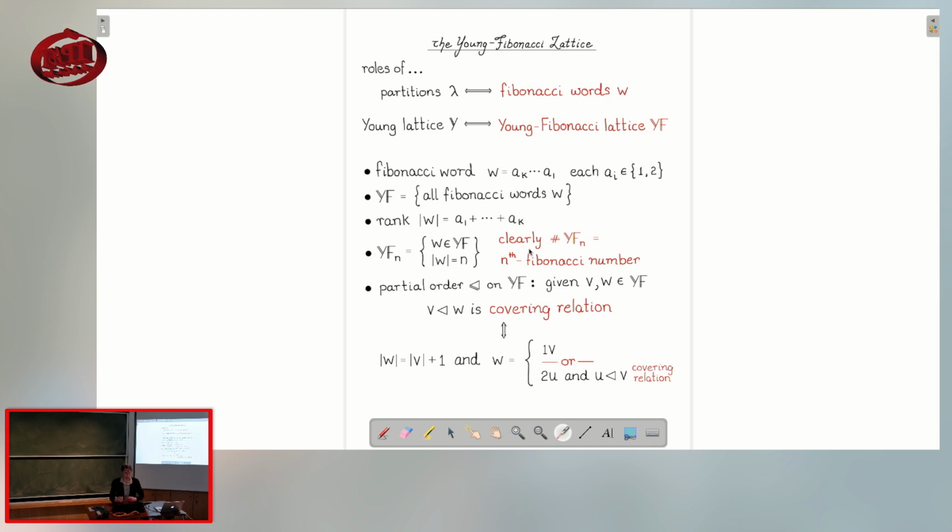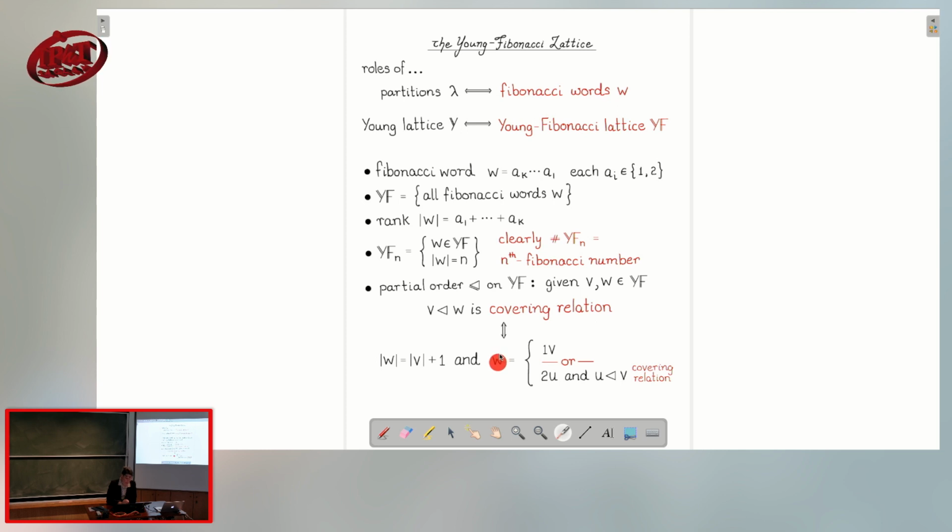And then we can put a partial order on this. Instead of telling you what the partial order is in general, I'll tell you what the covering relations are, or if you like, what the edges of the Hasse diagram are. And from that, by transitivity, you can get the definition for any pair. So given V and W Fibonacci words, we'll say that V is covered by W if W has rank 1 larger than V, as it should.